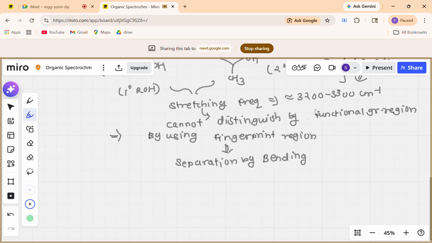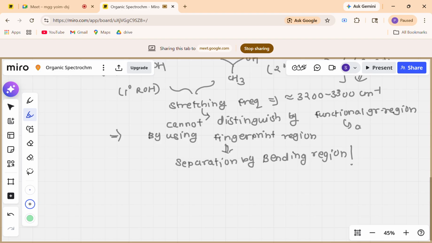Okay, so bending will be different in both of them because the geometry itself or the bond angles will be different, right? So the bending motion in the molecule will be differentiated or distinguished between those two molecules. Therefore we can separate the molecules by using the fingerprint region, that is separation by using the bending region, and hence we can characterize these two molecules.